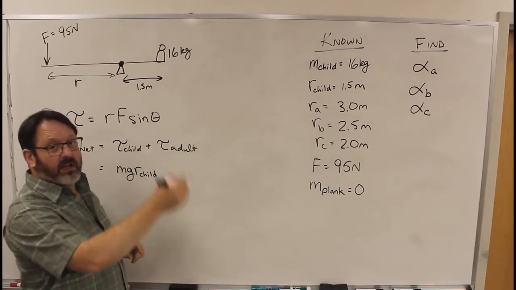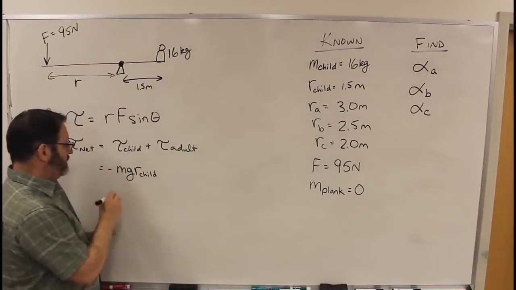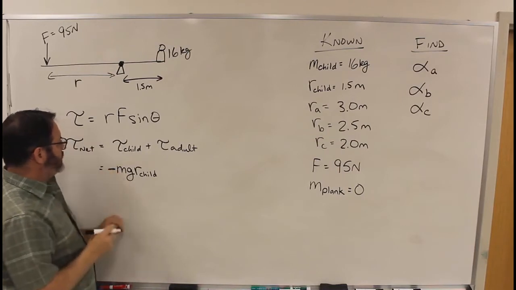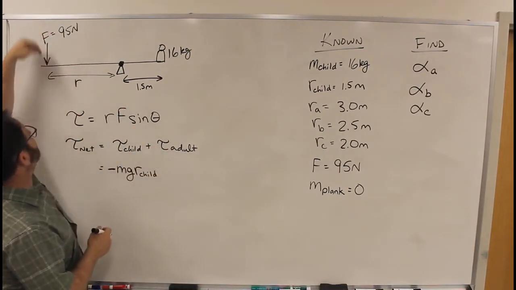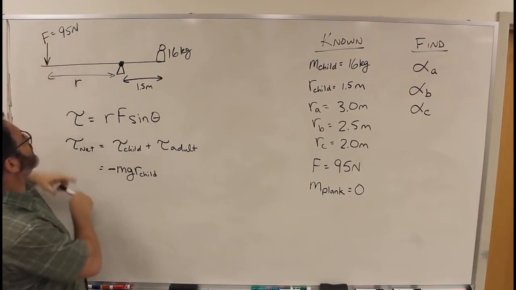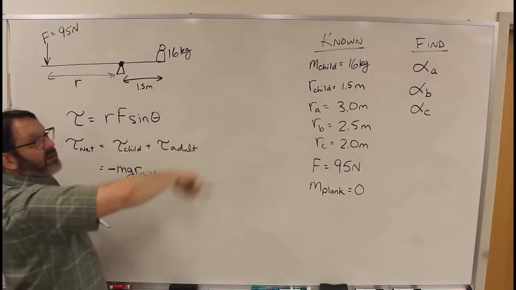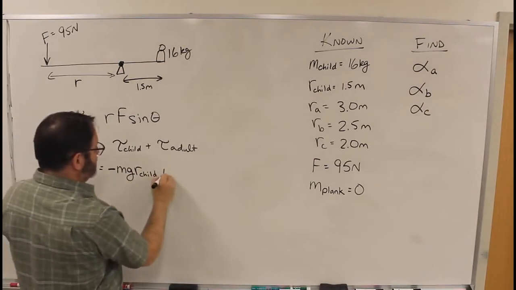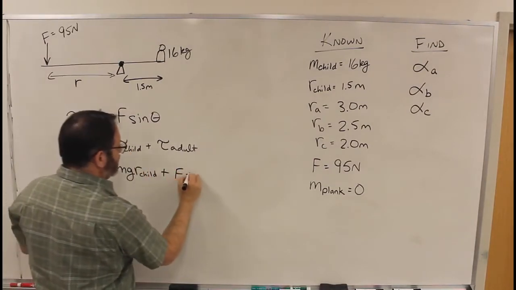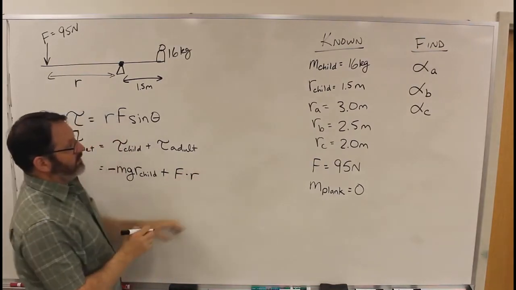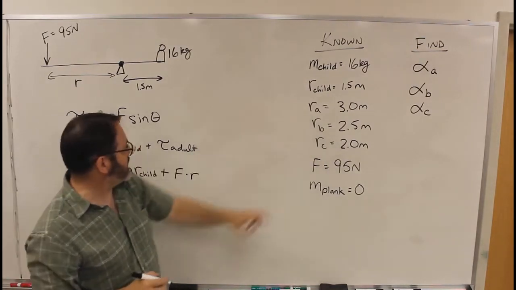That's clockwise, so that's negative. That's going to be a negative torque. The adult is applying a force this way, so if the adult applies a force that way, it's going to try and turn it this direction when it's positive, so plus force applied times that R, which is either going to be A, B, or C.